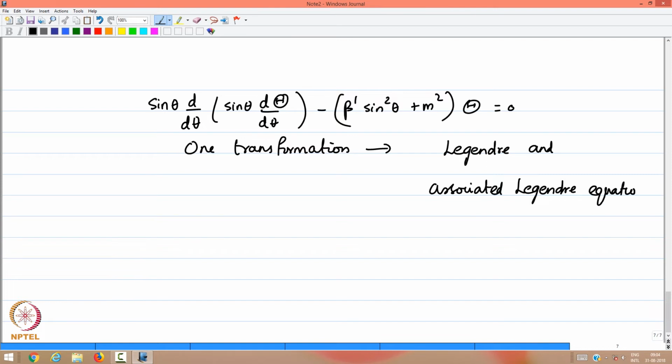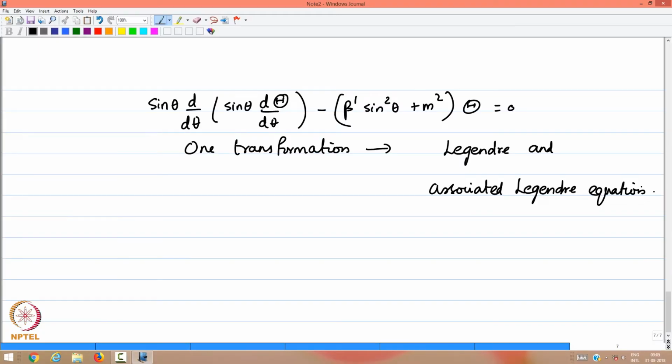And Schrodinger found that transforming the hydrogen atom problem into spherical polar coordinates eventually leads to well identified, well known equations of the earlier mathematical literature, and therefore he could immediately obtain the solutions from that.